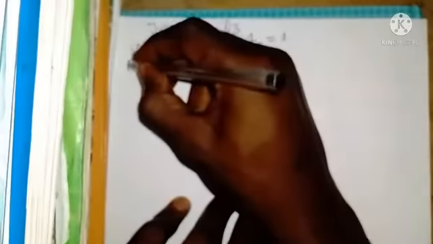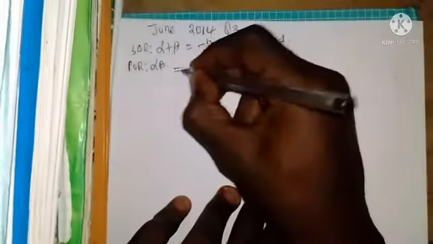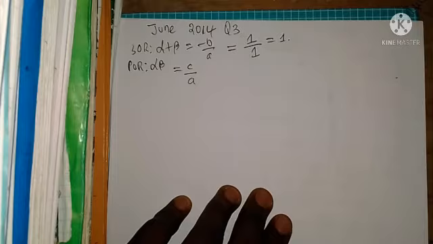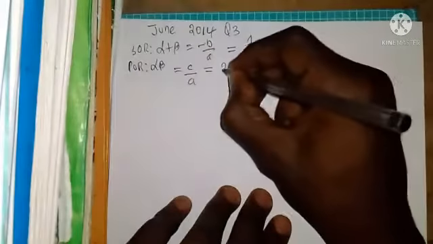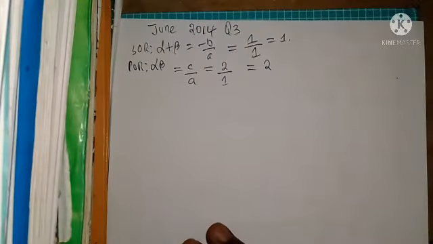The product of roots, alpha beta, is equal to c on a, and c has a value of 2, so 2 divided by 1 is equal to 2.